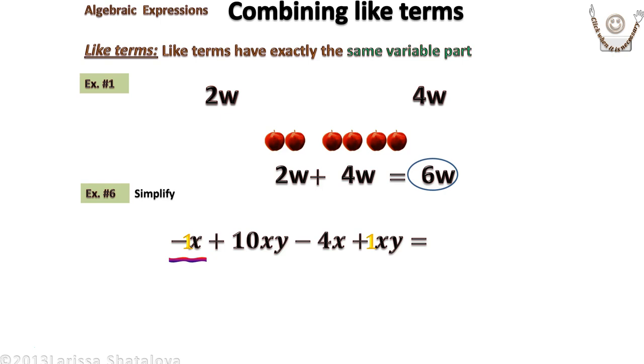Negative 1x and negative 4x together will be negative 5x, and then positive 10xy and positive 1xy together will be 11xy. We are adding 10 and 1, and we have to keep the variable part xy.